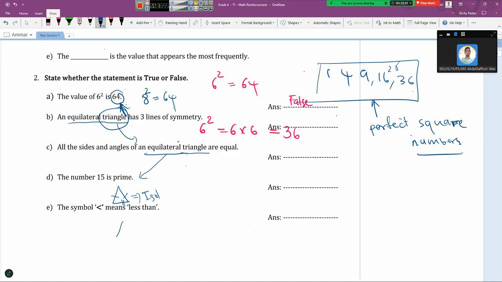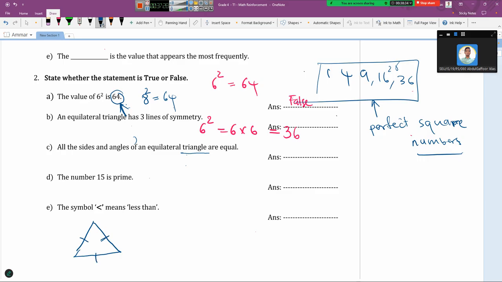And let's say all three sides are different from each other. What's the special name that we give for this type of triangle? Right? So now we may have these types of triangles. In this triangle all three sides are equal.